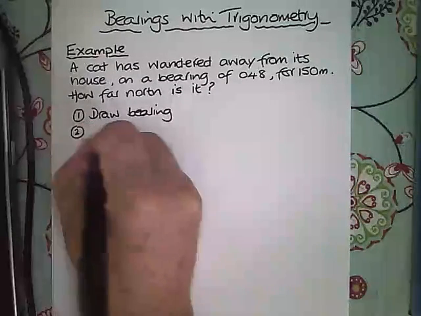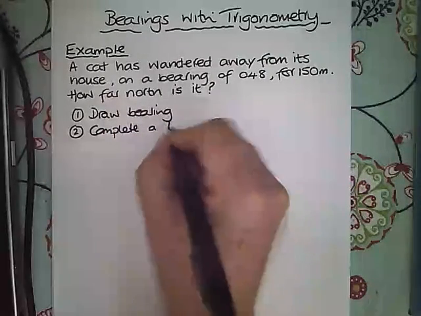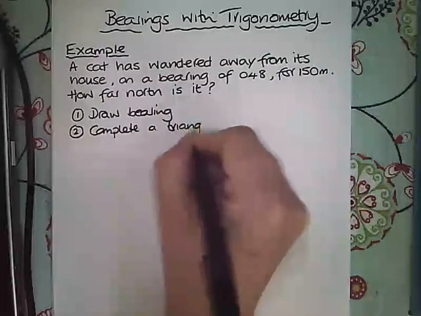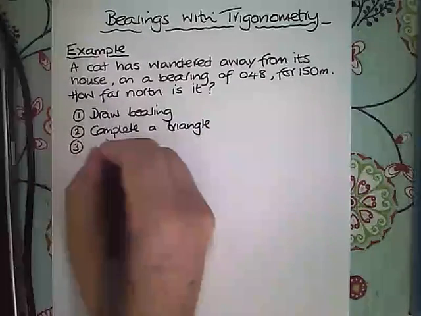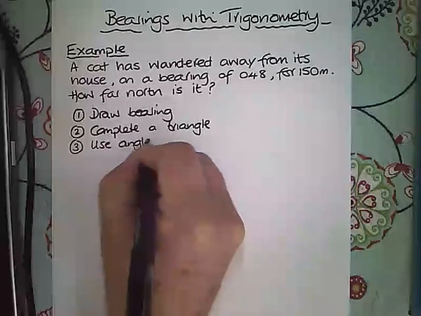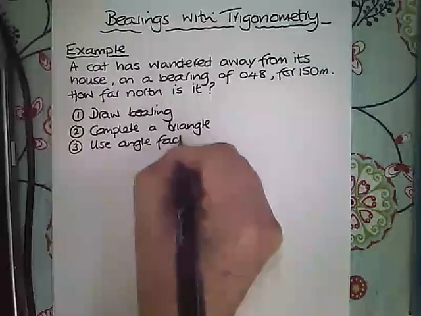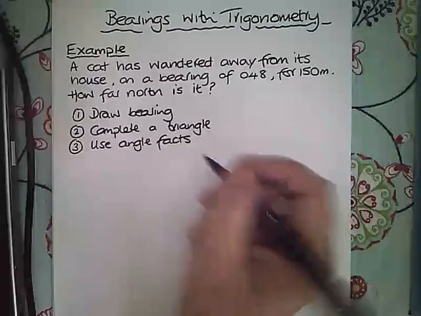The second bit is to complete a triangle. And the third stage is to use angle facts. That might be to do with the bearings, to do with parallel lines, or to do with right angles.